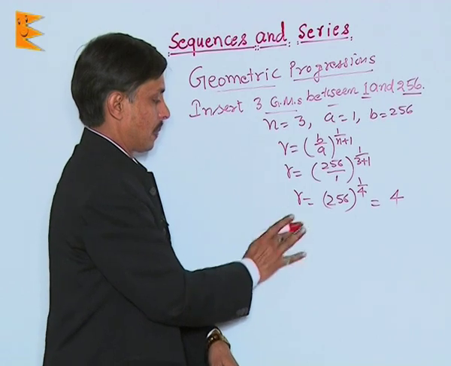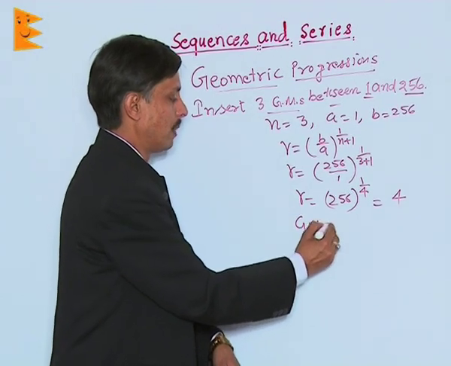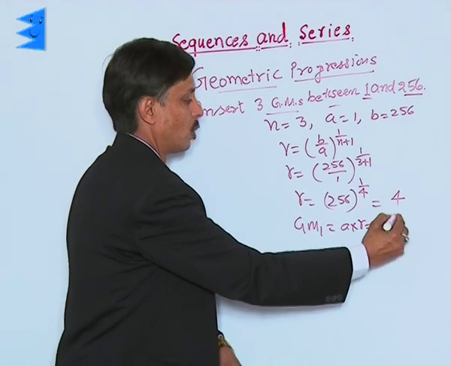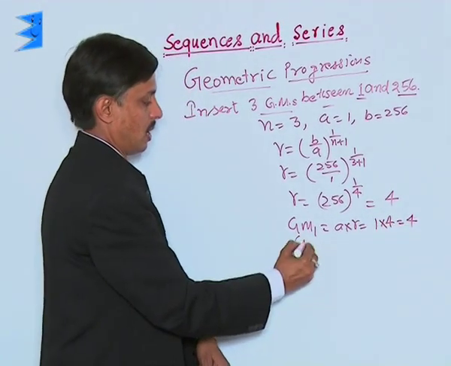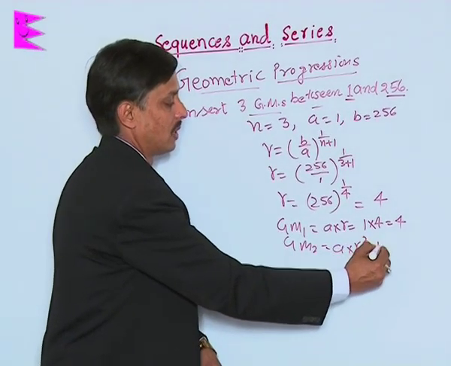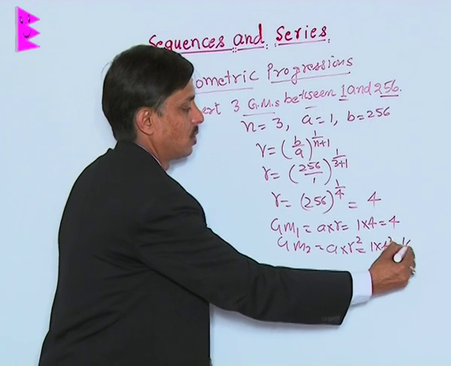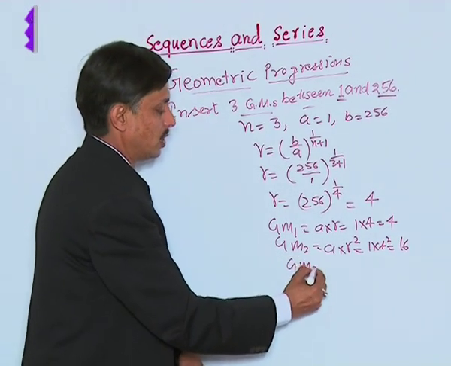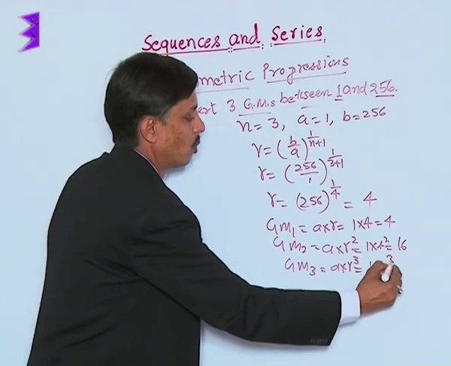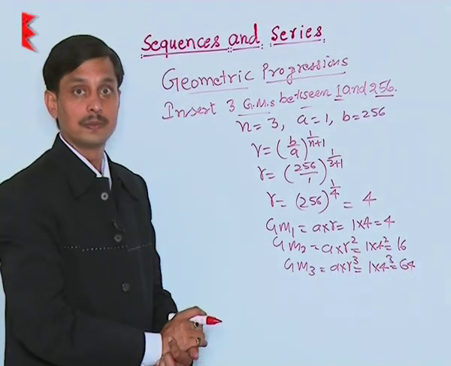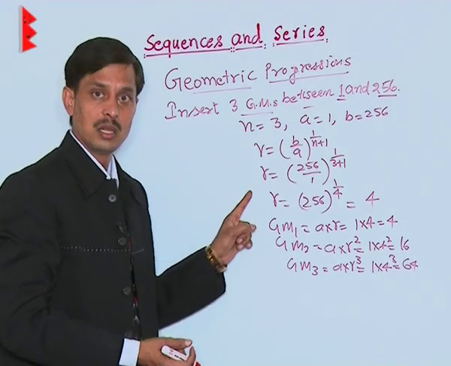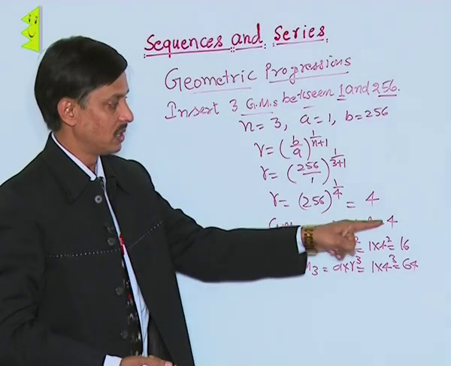The first GM is given by A into R. A is 1, R is 4, so this is 4. The second GM is given by A into R square, that is 1 into 4 square, that is 16. The third GM is given by A into R cube, that is 1 into 4 cube, that is 64. So there is a method, a formula and answers.